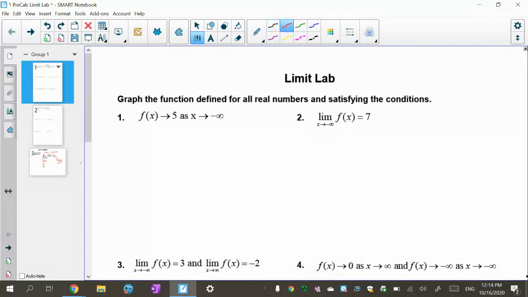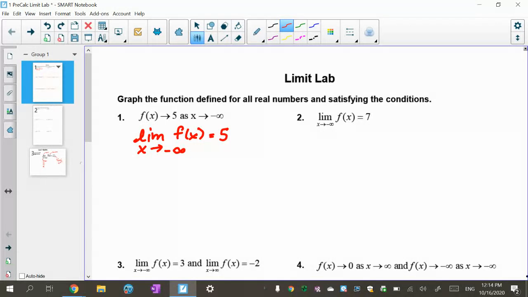Well, we really could write it like this. The limit as x approaches negative infinity of this function f(x) equals 5. That means the exact same thing as what we just did here. So you guys are used to this notation. Now this is your limit notation.